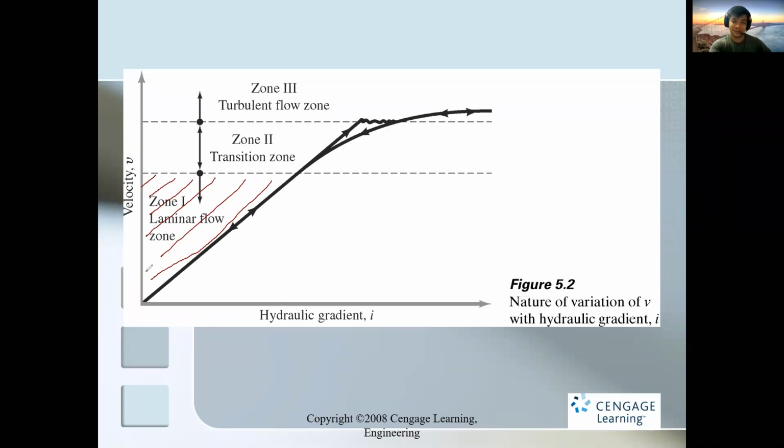So you have to set the velocity at this particular point, and then focus on the flow of water, and you will determine the type of flow of water using the Reynolds number.